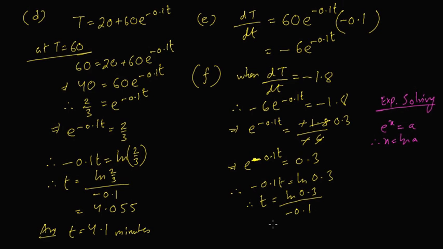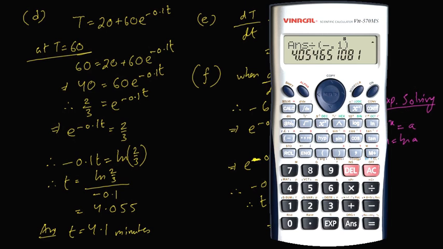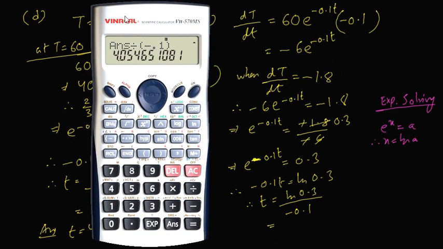So let's find the value out. ln 0.3 is equal to this one. Find this one first, then divided by bracket minus 0.1, bracket closed.